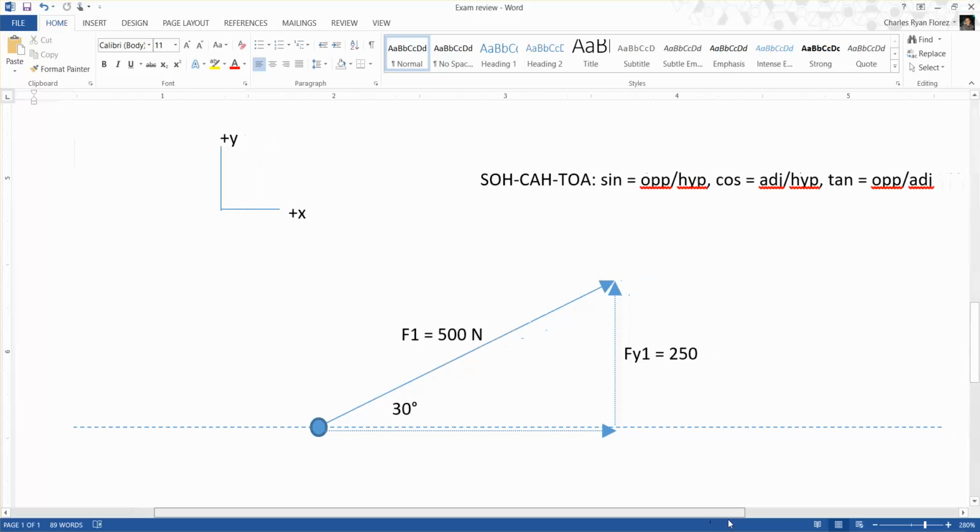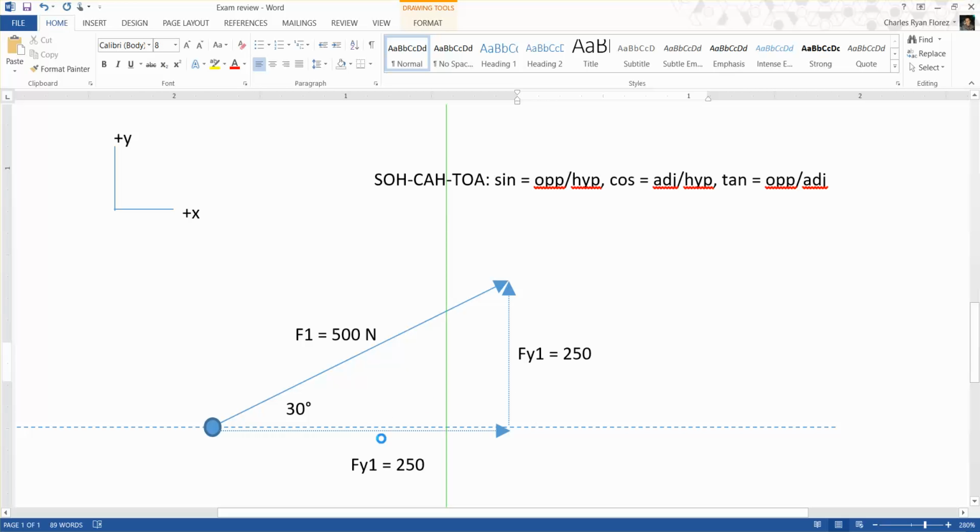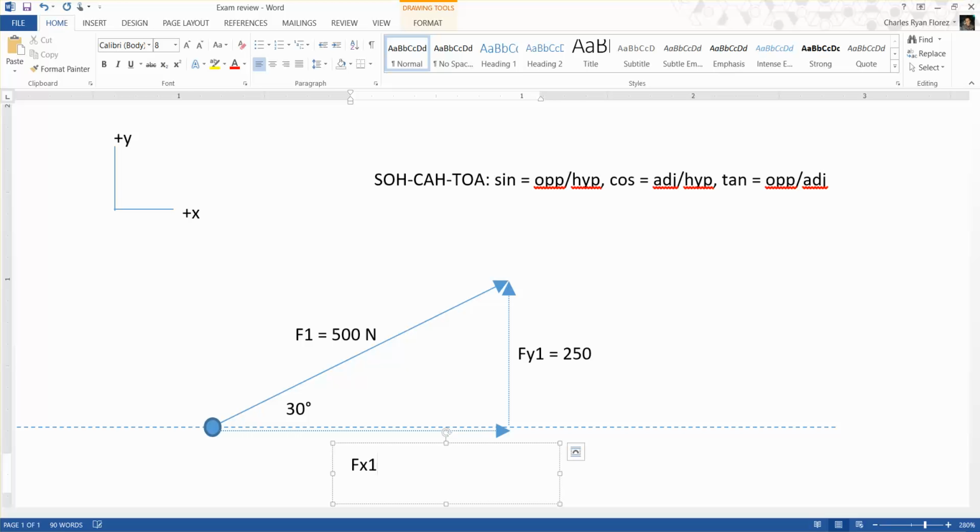I don't know. Okay, so F of x1 in this case. In order to find F of x1, by utilizing this angle here, we have several ways of doing this. So we could either do a squared, maybe this side, plus b squared, this is equal to c squared.